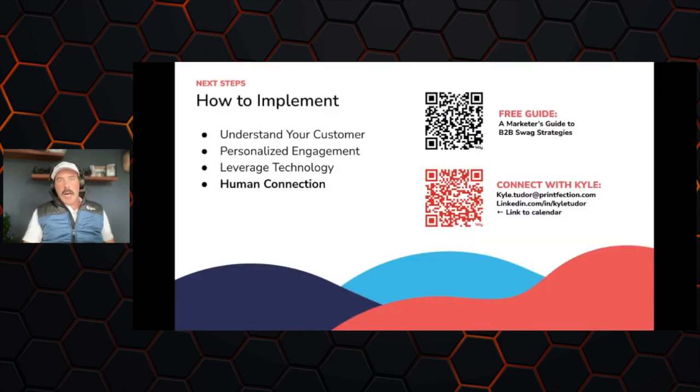So we talked a lot about understanding your customer, right? Developing that ideal customer profile and a comprehensive customer persona and how to implement effective lead scoring. Then once we understand our customer, talking about how to reach them: the personalized engagement, being human, creating tailored campaigns to stand out in crowded email inboxes, leveraging technology.